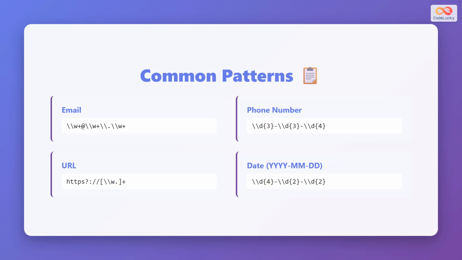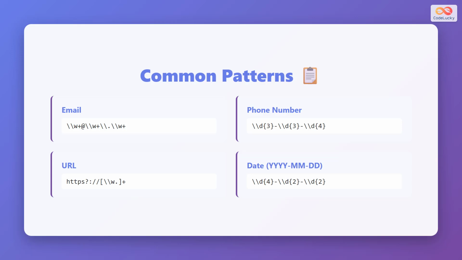Let's look at some common regex patterns you'll use frequently. For matching email addresses, you can use \w+@\w+. For phone numbers in the format of 3 digits, 3 digits, 4 digits, use \d{3}-\d{3}-\d{4}.